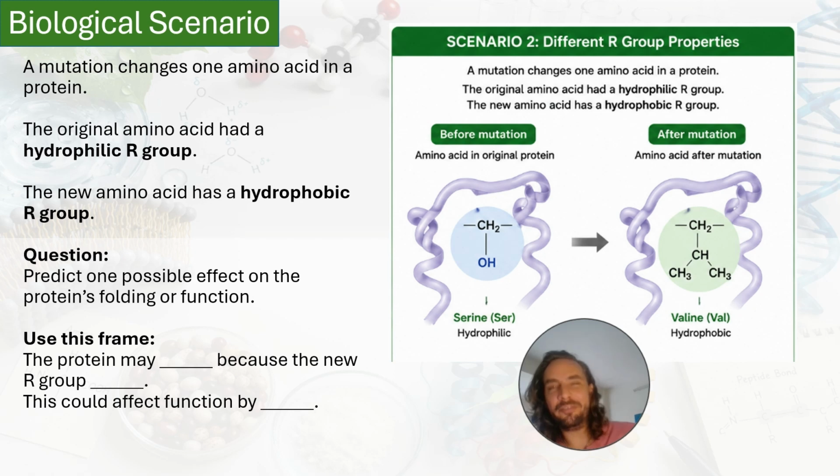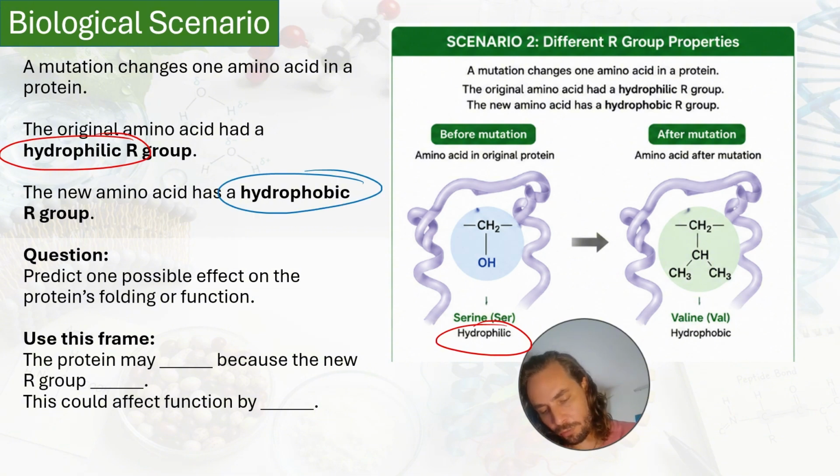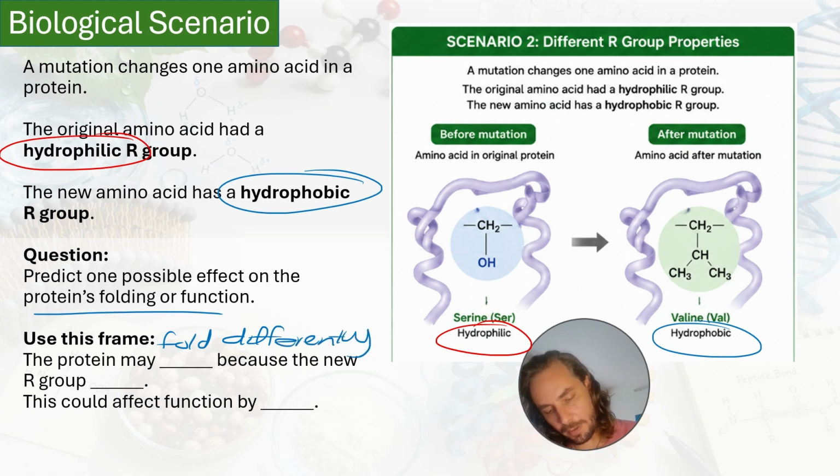Now, a different type of scenario would be I start out with a hydrophilic R group, but I change that out for a hydrophobic R group after the mutation. So predict one possible effect on the protein's folding or function. This protein may fold differently because the new R group is hydrophobic.